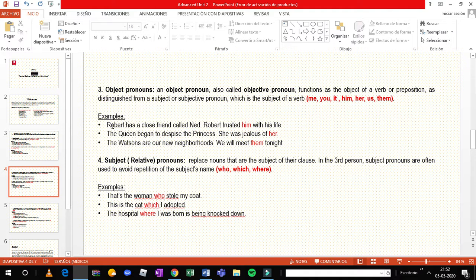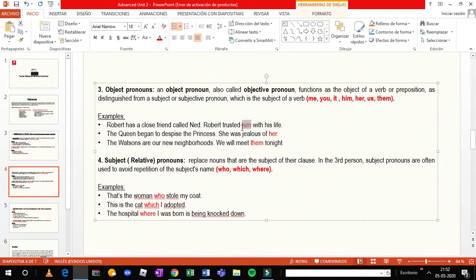Example: Robert has a close friend called Ned. Robert trusted him with his life. In this case, him doesn't belong to Robert, who was mentioned before, but him corresponds to Ned.